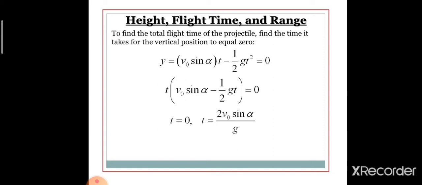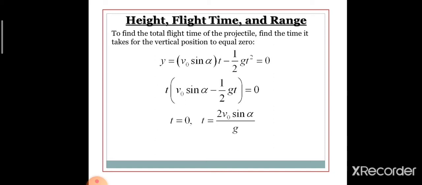Substituting uy is equivalent to v0 sine alpha or v0 sine theta and ay is equivalent to minus g, we get y is equivalent to v0 sine theta into t minus half gt square is equivalent to 0.